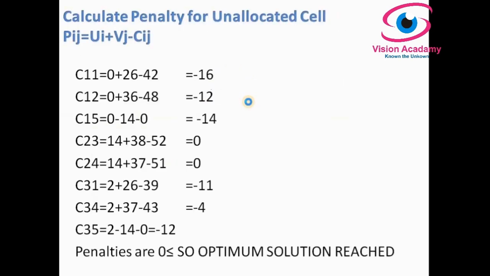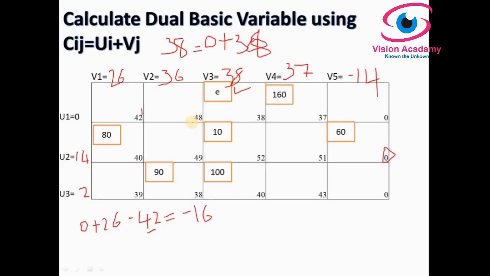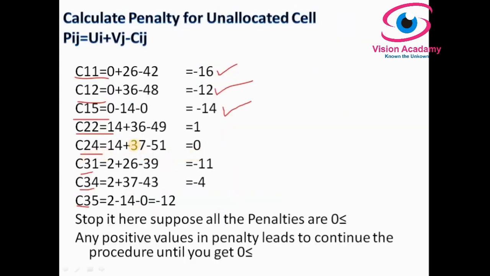And next, C22, the U2 value is 14 and V2 value is 36, Cij is 49. So 14 plus 36 is 50. 50 minus 49, the Pij value is 1.